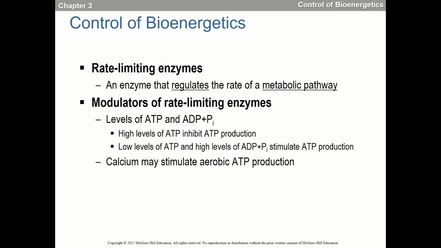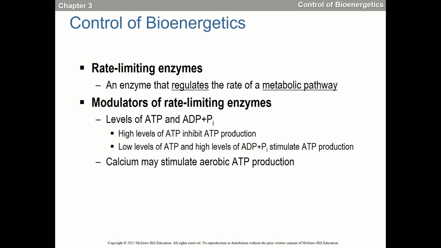Okay, control of bioenergetics. We've already talked about some rate-limiting enzymes, so PFK and isocitrate dehydrogenase being the main ones that I want you to know. But really, rate-limiting enzymes are just a point in a set of chemical reactions that controls how quickly that set of reactions will occur.